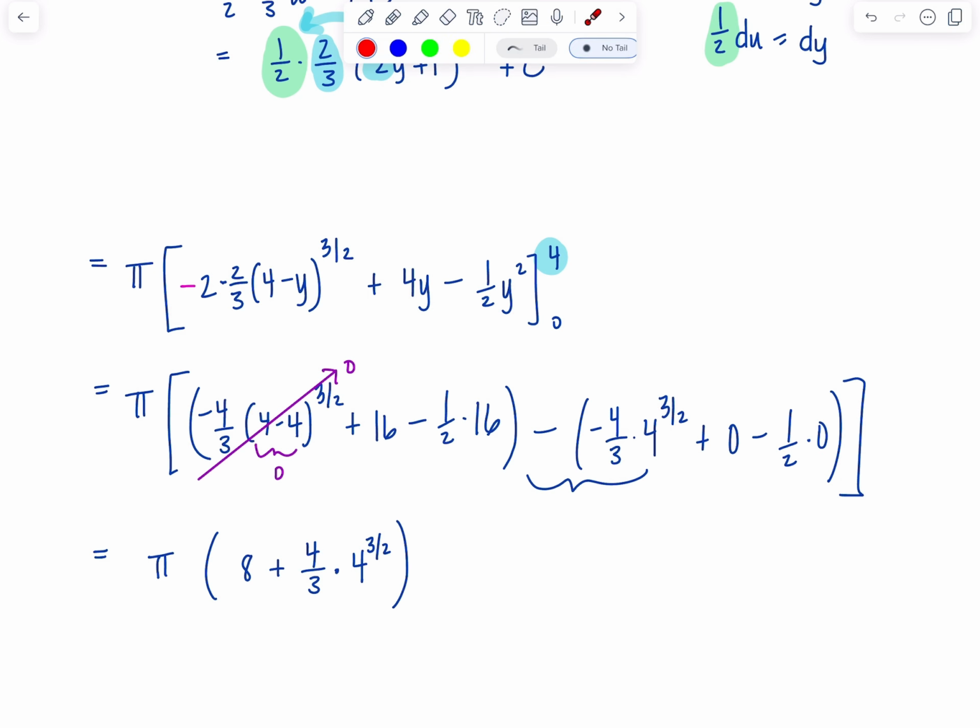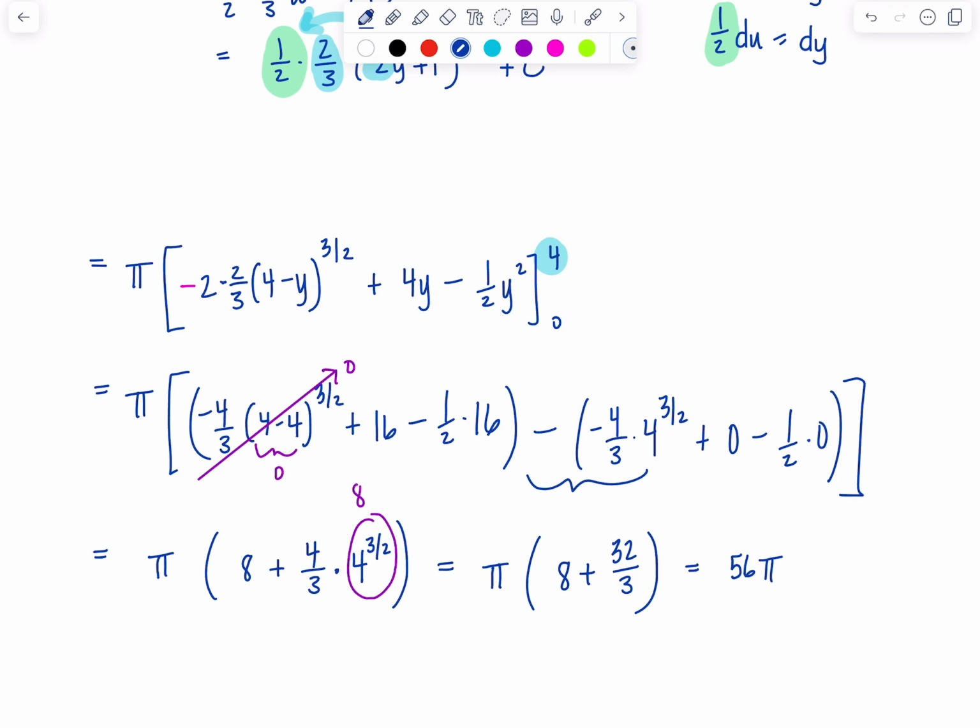You take the root of 4, meaning the square root of 4, that's 2, and then you raise it to the 3rd power. 2 cubed is 8, so this is 8. Okay, so then we have pi times 8 plus 32 over 3. 8 is 24 over 3 plus 32 over 3. We have 56 pi over 3.